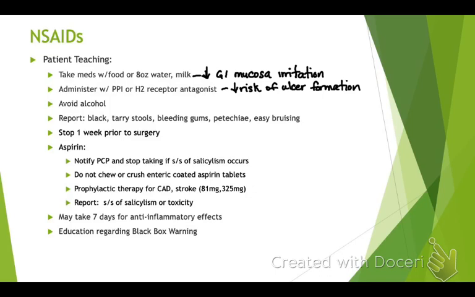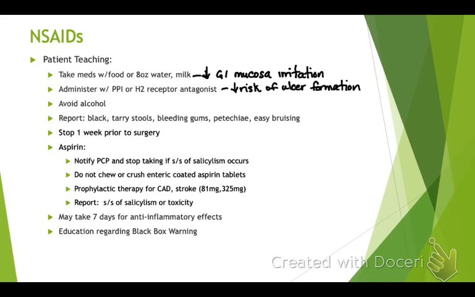You want them to stop NSAID use 1 week prior to any type of surgery, again, because of the risk of bleeding that it causes, especially in patients that are on aspirin. You want them to know that they need to notify the PCP and stop taking the aspirin if they notice signs of salicylism occurring.